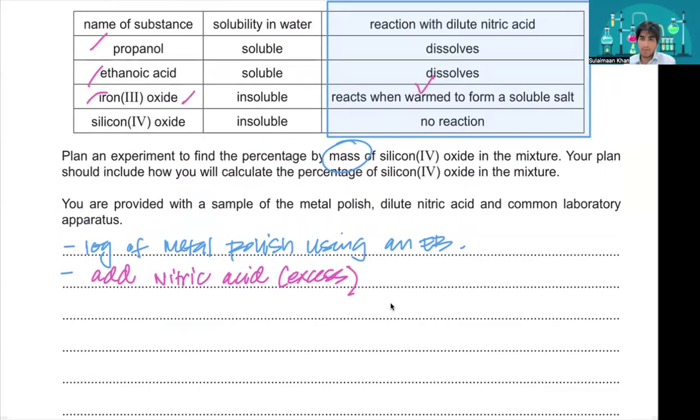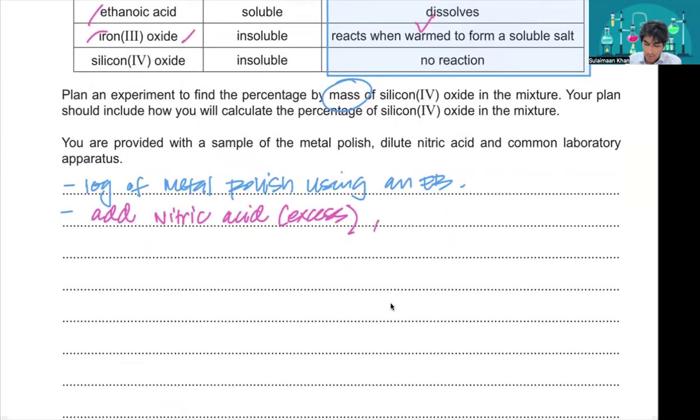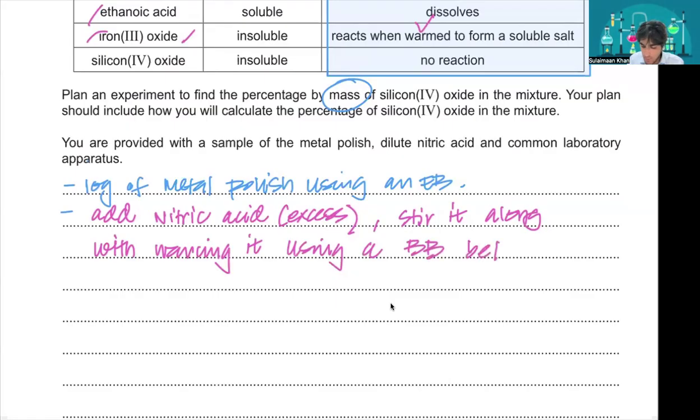Iron oxide is a solid. So you add nitric acid, then stir it along with warming it using a Bunsen burner below the beaker on which the mixture is placed.